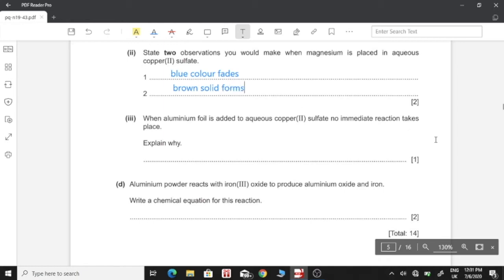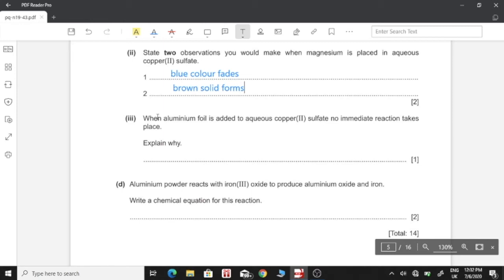When aluminium foil is added to aqueous copper 2 sulfate, no immediate reaction occurs. Explain why. Alright, so aluminium is a highly reactive metal, and once it is exposed to air, it reacts with oxygen, and this results in a formation of aluminium oxide on the surface of aluminium.